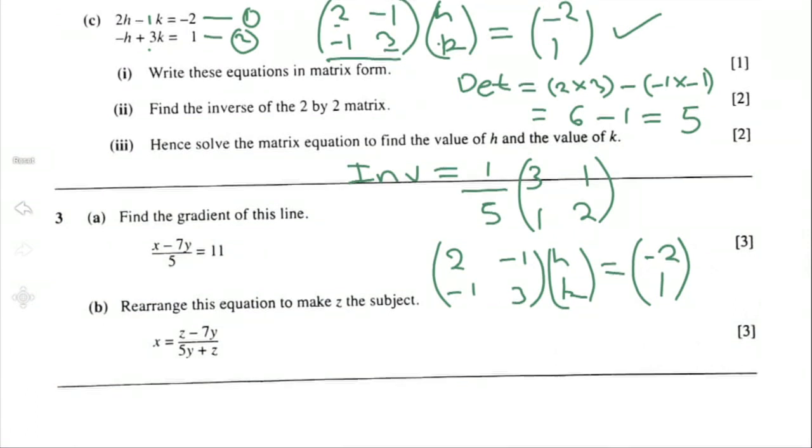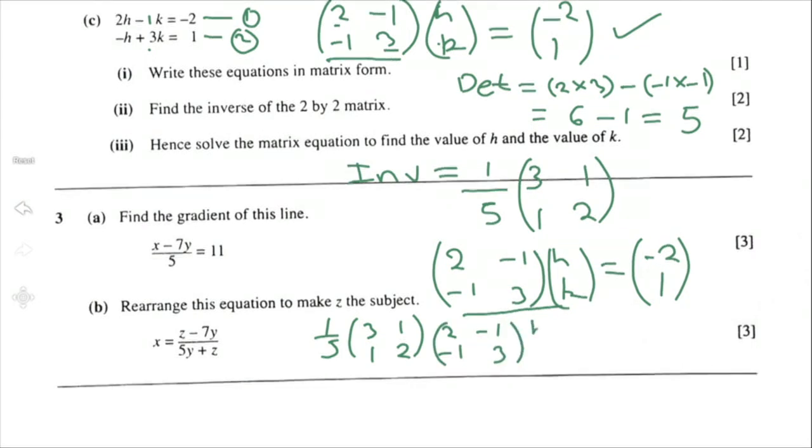Then we have to use the inverse to solve this matrix equation. We'll multiply by the inverse on the left, both sides. So we start with the inverse, which is 1 over 5, 3, 1, 1, 2. Starting with that inverse, we write 2, -1, -1, 3, multiplied by hk.